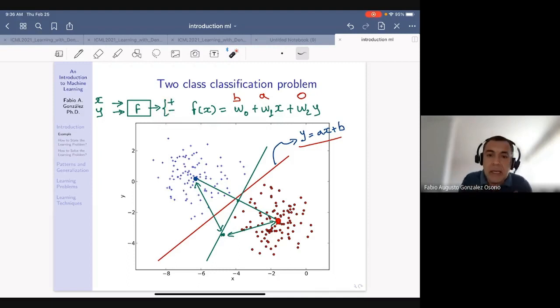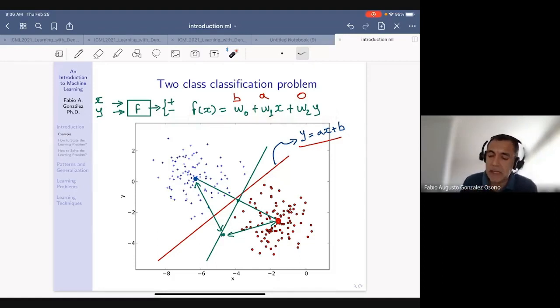So we are saying, okay, let's use a linear model. Here we are using a linear function over these parameters, X, Y. So that's the reason that we are using this function. But you are totally right, Juan David.